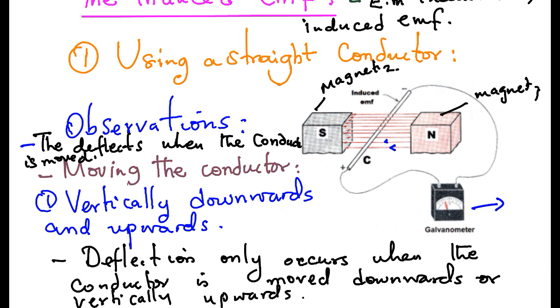This shows that current flows in the conductor when it is moved in such a manner.